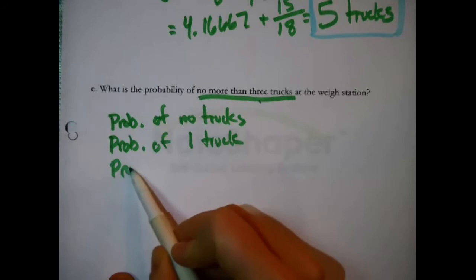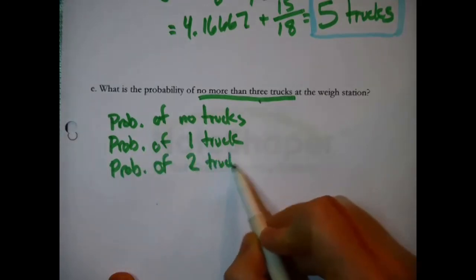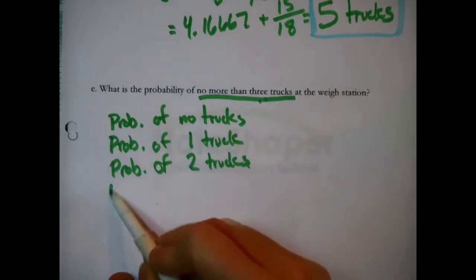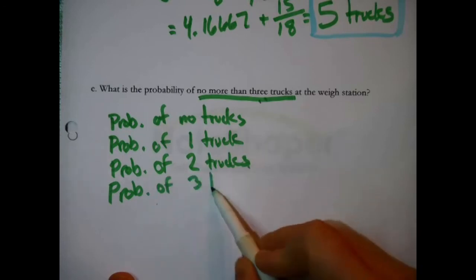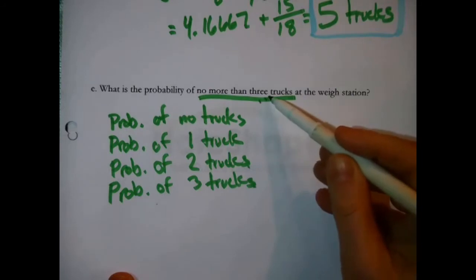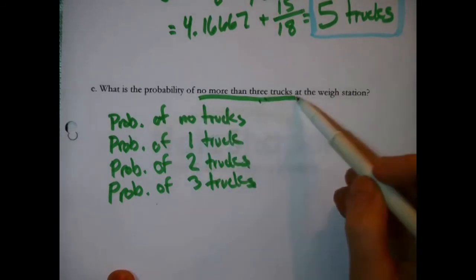I need the probability of 2 trucks, because if there were exactly 2 trucks over there, that would fit the description. And I need the probability of exactly 3 trucks, because if that was true, it would fit the description. Anything else, 4 trucks, 5 trucks, 6 trucks, does not fit that description.